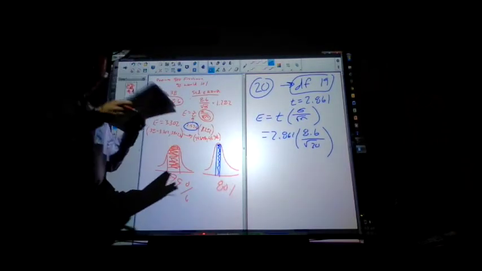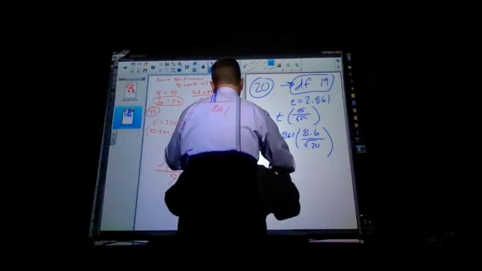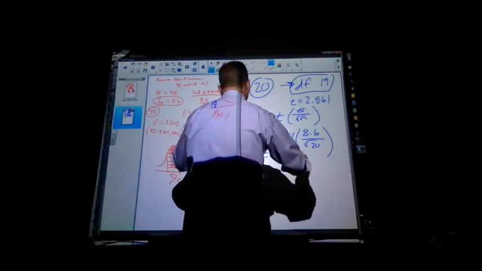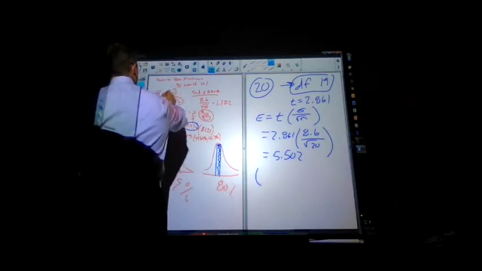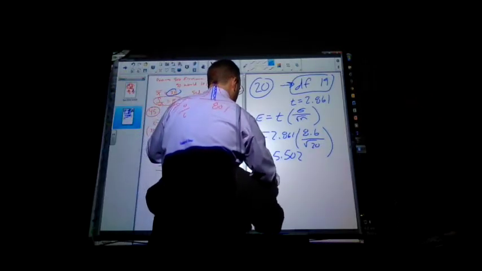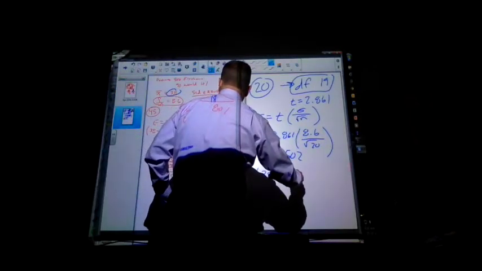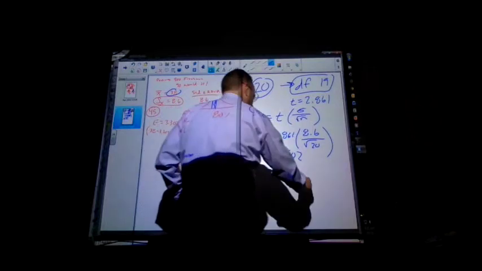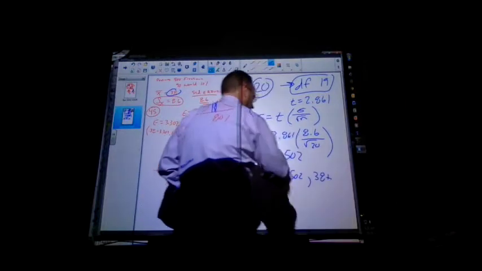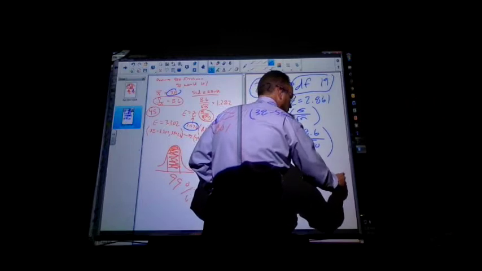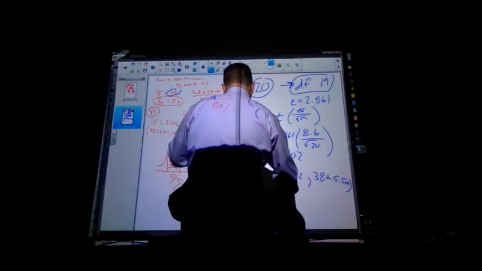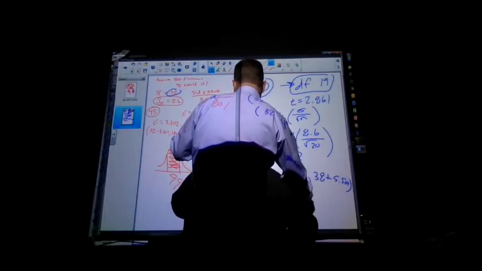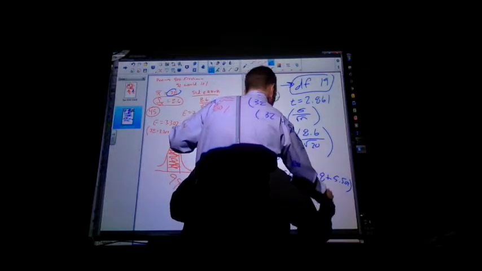I do that, and if you do the math right, this is going to come out to 5.502, which means I'm going to go 38 minus 5.502, and 38 plus 5.502. That goes to 32.498 and 43.502.